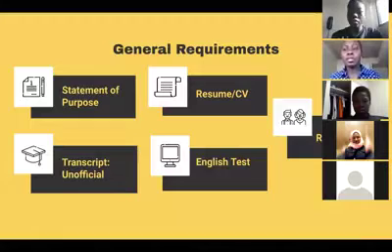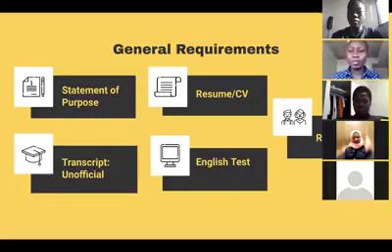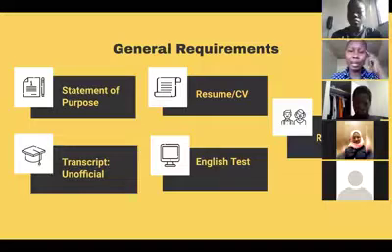Some schools demand you to write English tests. Some schools do not. Some programs demand it, some programs do not. So depending on the school and the program, you may or may not have to write the English test.